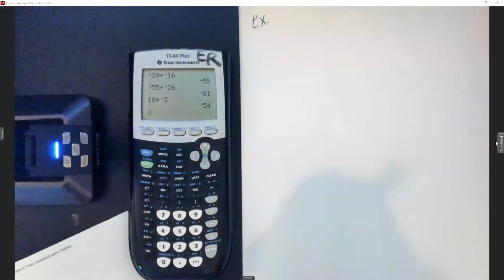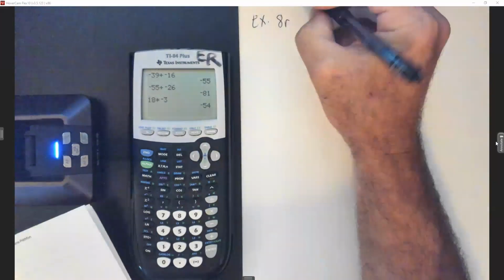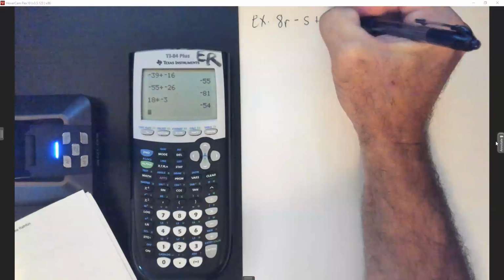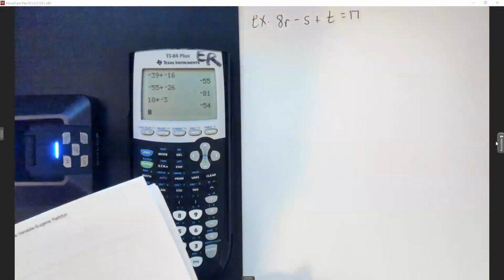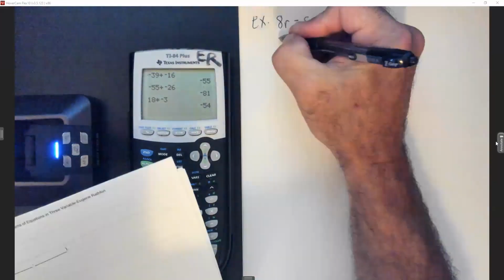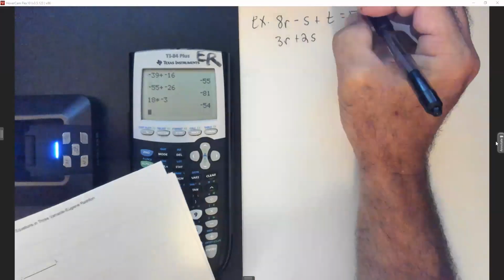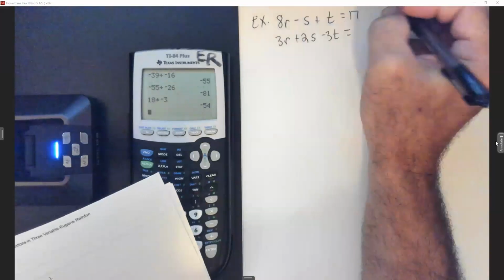I got 8r minus s plus t is going to equal 17. Then I got 3r plus 2s minus 3t is going to equal 26.